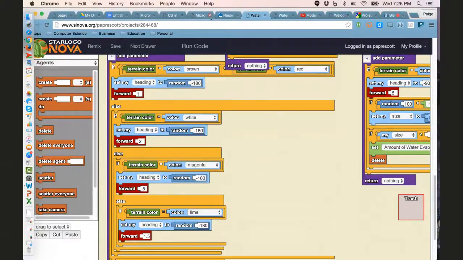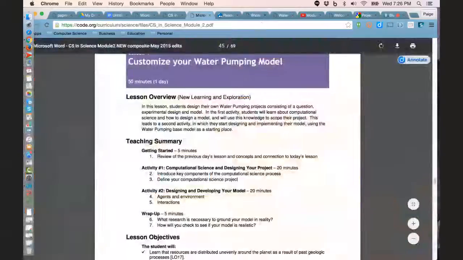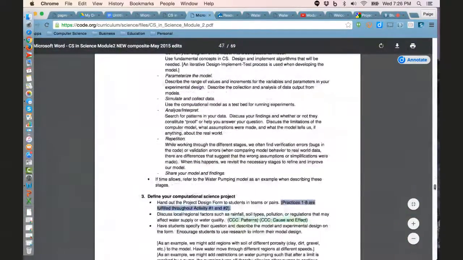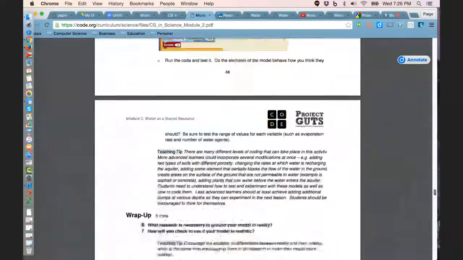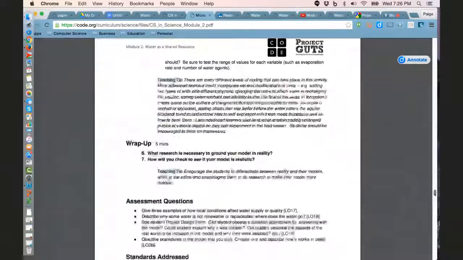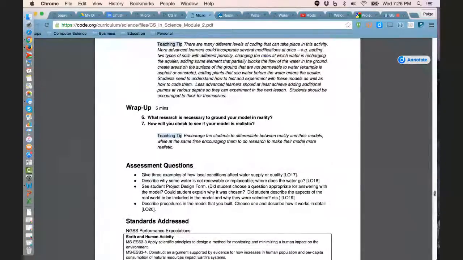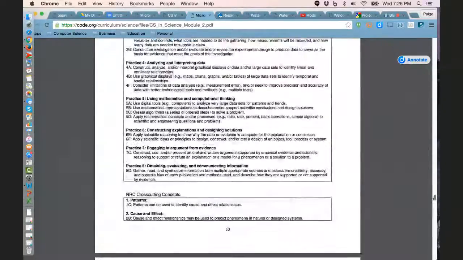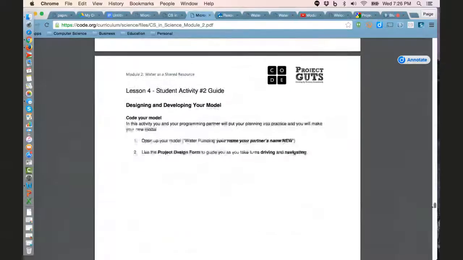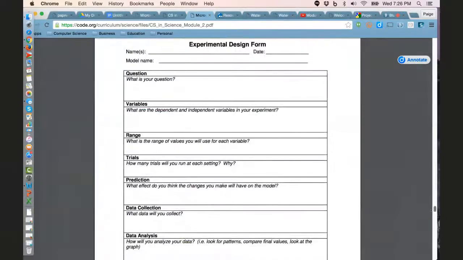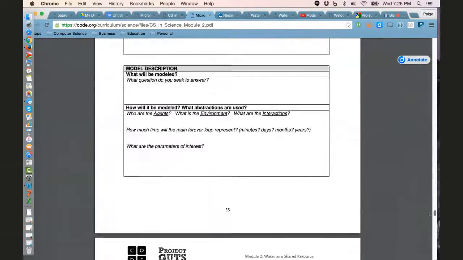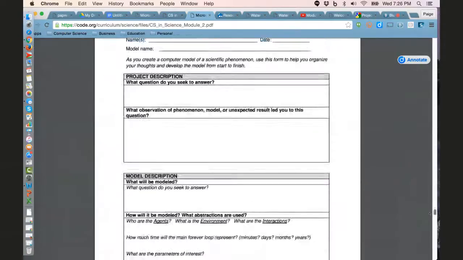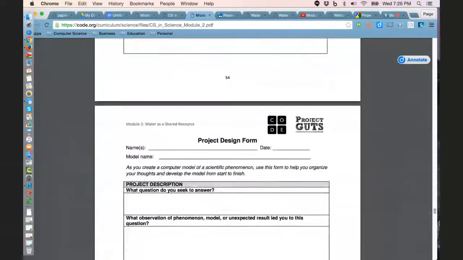And so we're finishing up with lesson 4. Students are getting into their model and making some interesting hypotheses about their model and how it works. And then the last part is for students to get into the project design form.